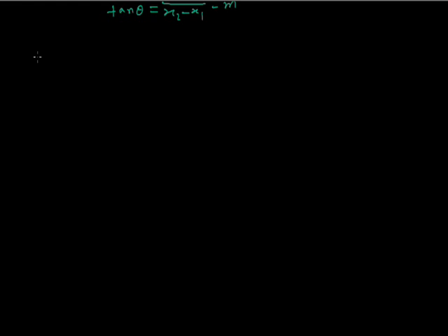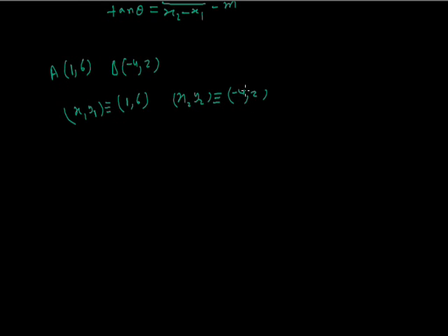Suppose we have to find the slope of the line passing through 2 points, point A (1, 6) and point B (minus 4, 2). So here suppose x1, y1 is equal to 1, 6 and x2, y2 is equal to minus 4, 2.